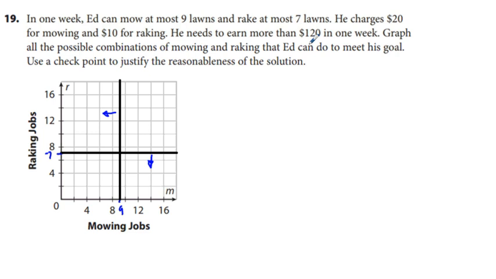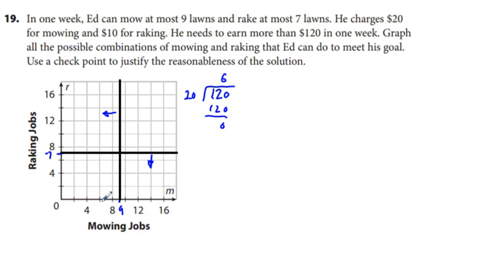So not $120, but more than. Well, to find out where our intercepts are going to be, if we take $120 and divide it by the $20 for mowing, 20 goes into 120 6 times, and that's it. So 6 mowing jobs.